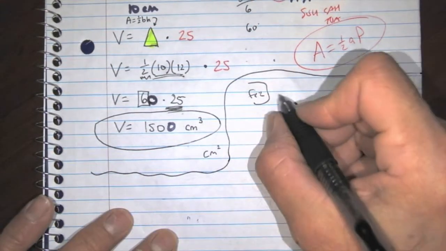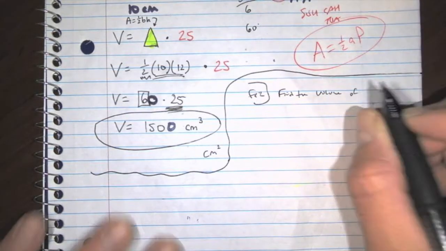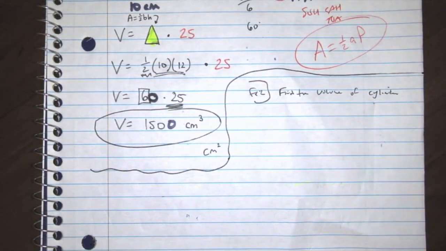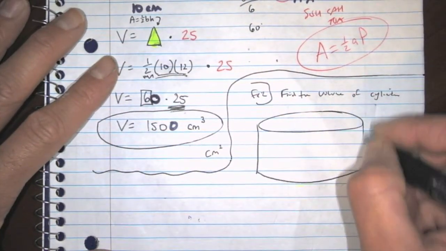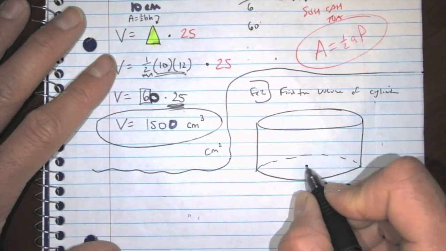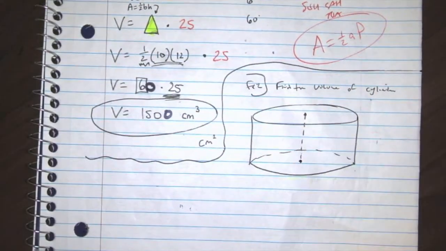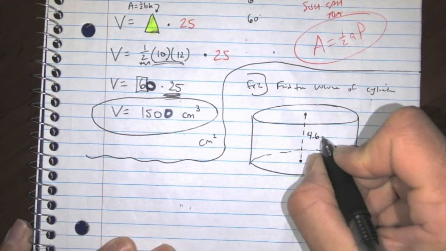Example 2. I'd like to find the volume of the cylinder. All right, we're going to say that this height is 4.6 inches.